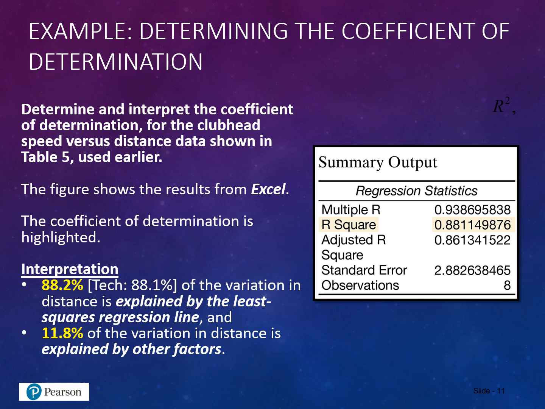Okay? It's the unexplained portion versus the explained portion. Explained by other factors means it's not explained by the explanatory variable. So this is a really good example of how we use this coefficient of determination.